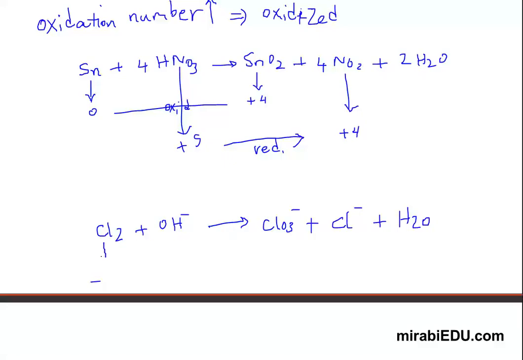What is the oxidation number of chlorine here? 0. What is the oxidation number of chlorine here? It is positive 5, and here it is negative 1. So one time chlorine is oxidized, and another time it is reduced to be negative 1. So the same element here is oxidized and reduced.